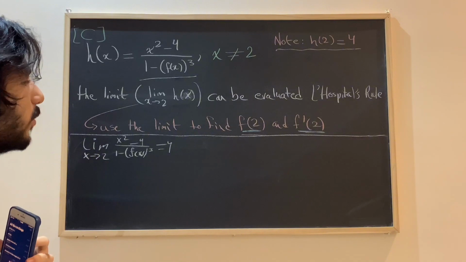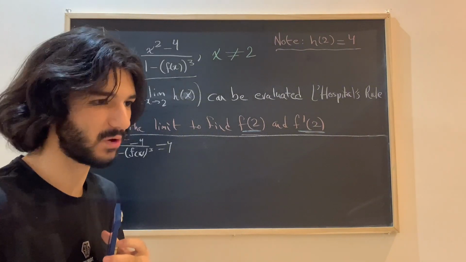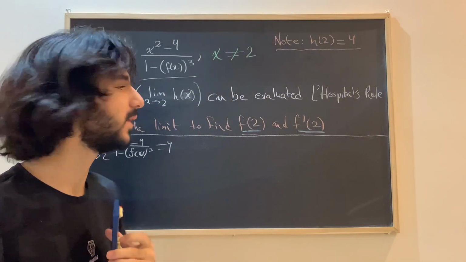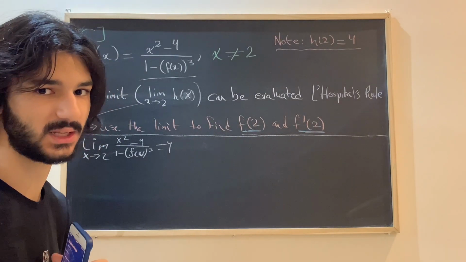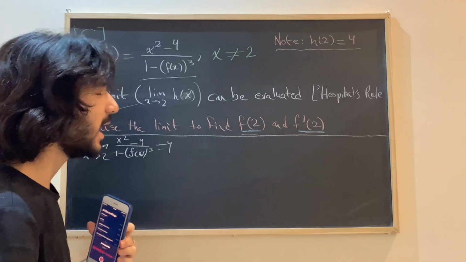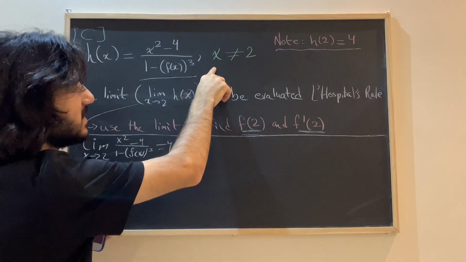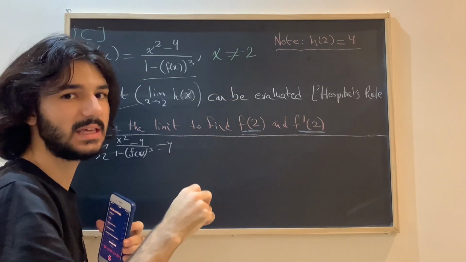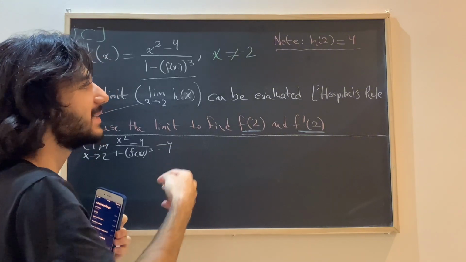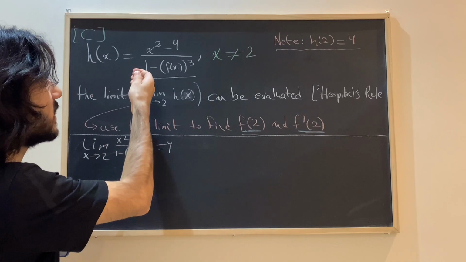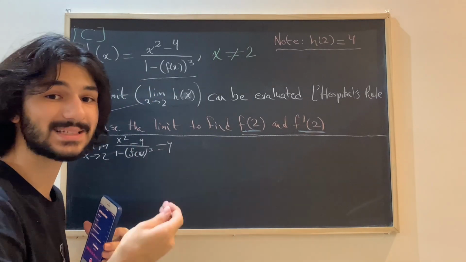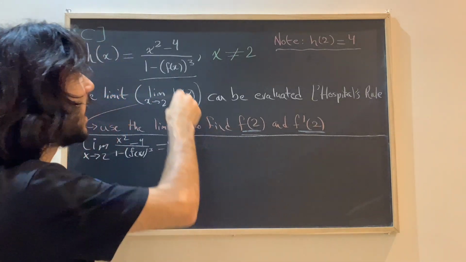Okay, so now how do we find f(2) and f prime of 2? Well, f(x) is twice differentiable and continuous. That's important to know. And here it says that x does not equal 2. So when is the limit indeterminate?